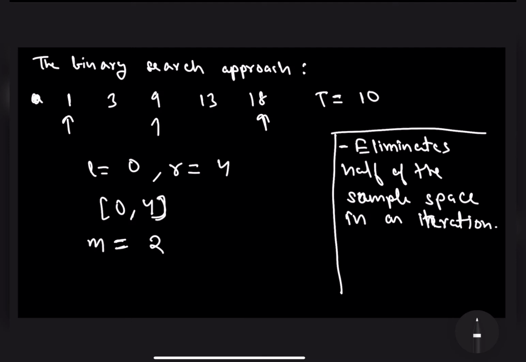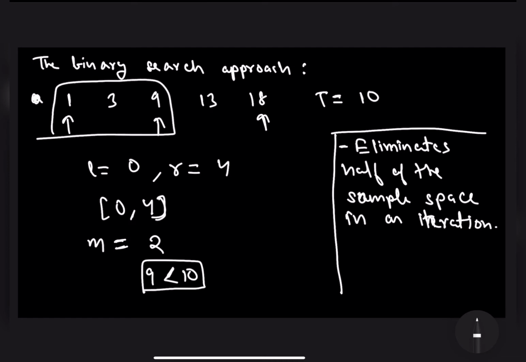Then I will compare 9 to 10 and I know that 9 is less than 10. So I need to eliminate all the indices that are less than or equal to M. Basically this entire space will be eliminated and L will be updated to M plus 1. So my L will be shifted to 13, that is index number 3, and my R is still pointing at 4. Basically, let's just clean this up now.